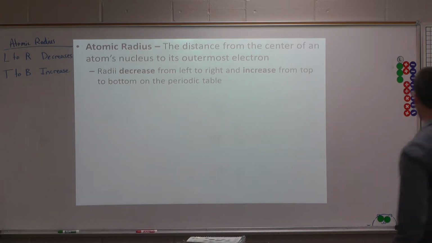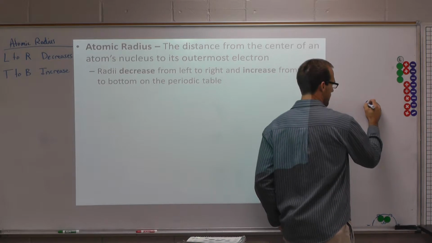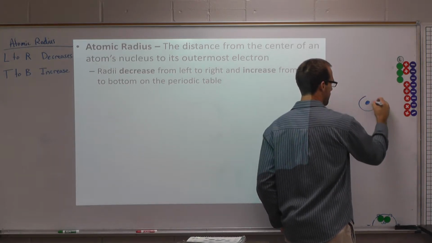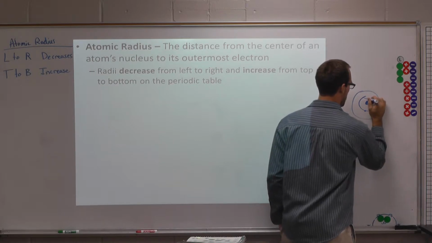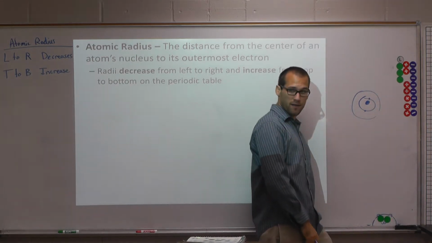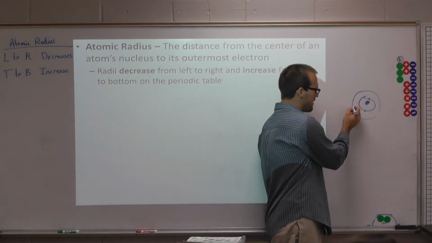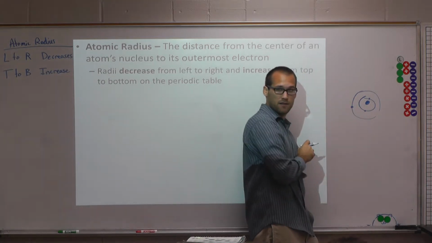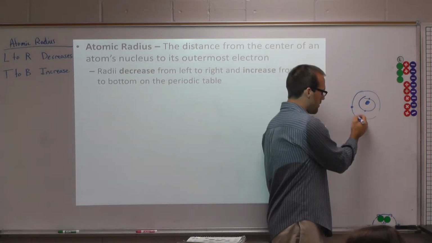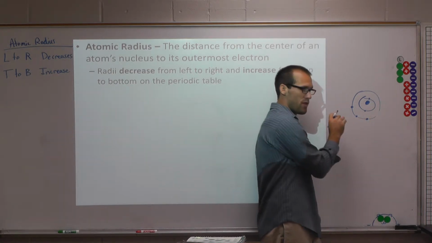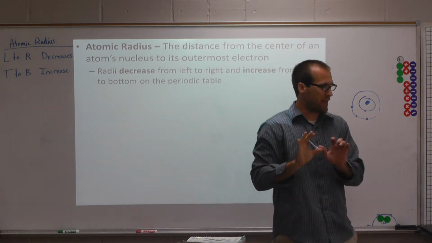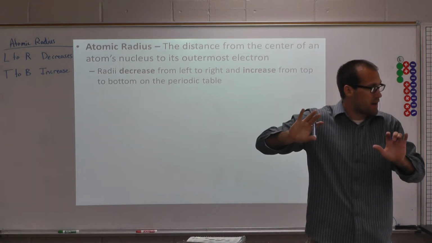Because, say this is the nucleus, and we'll go back to the Bohr model. Our first energy level can only have 2, correct? Then our second energy level we can add up to 8. As I'm adding electrons, yes, these electrons are negatively charged and they repel each other, so it would shield itself and make it bigger.